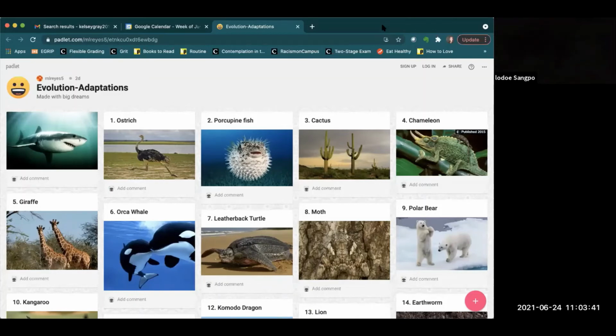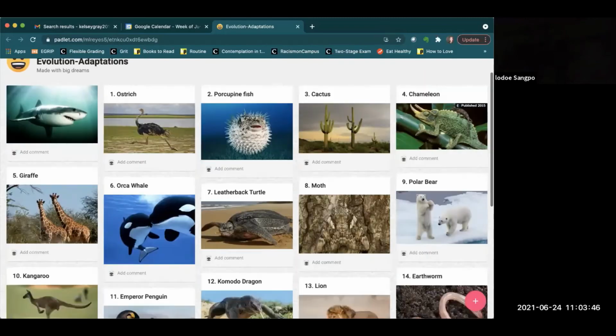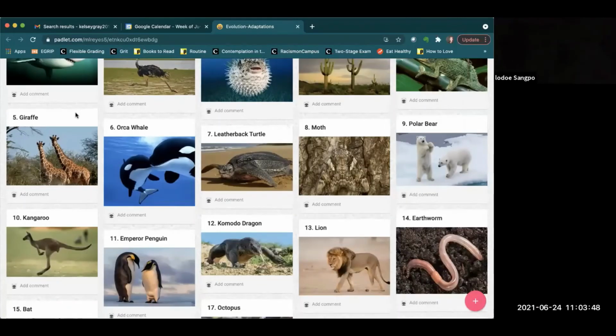Okay, we choose giraffe, and since it has a long neck, it can reach tall trees to grab its food and leaves.